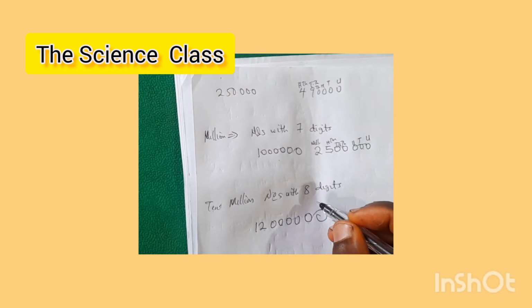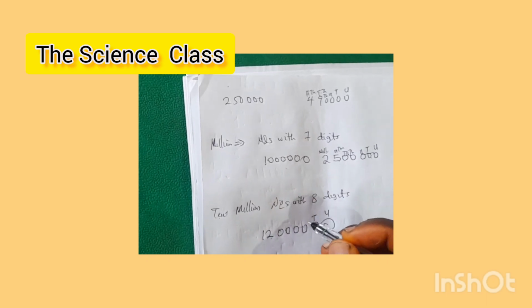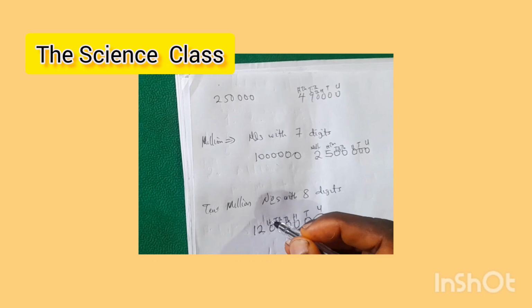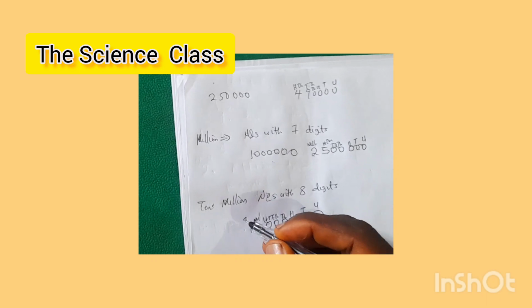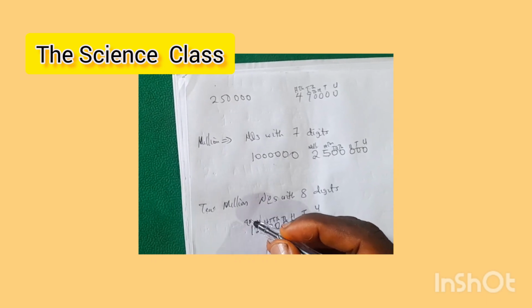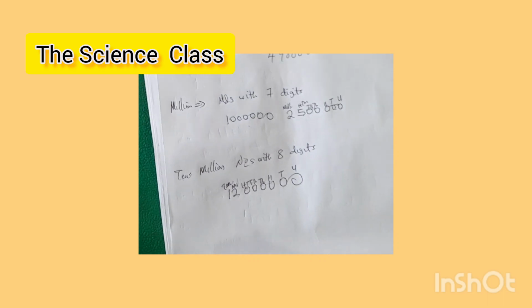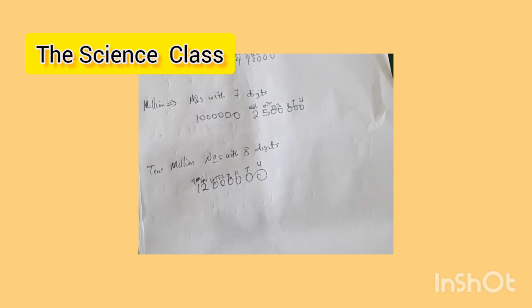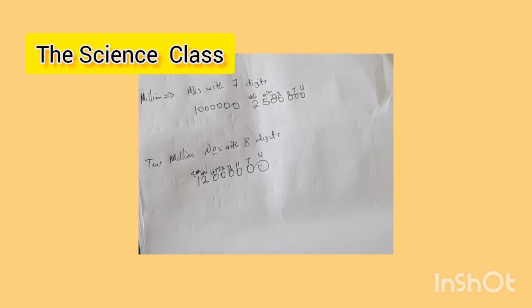That is unit, tens, hundreds, 1,000, 10,000, 100,000, million, 10 million. And like that, it goes on and on. We also have the 100 million level.